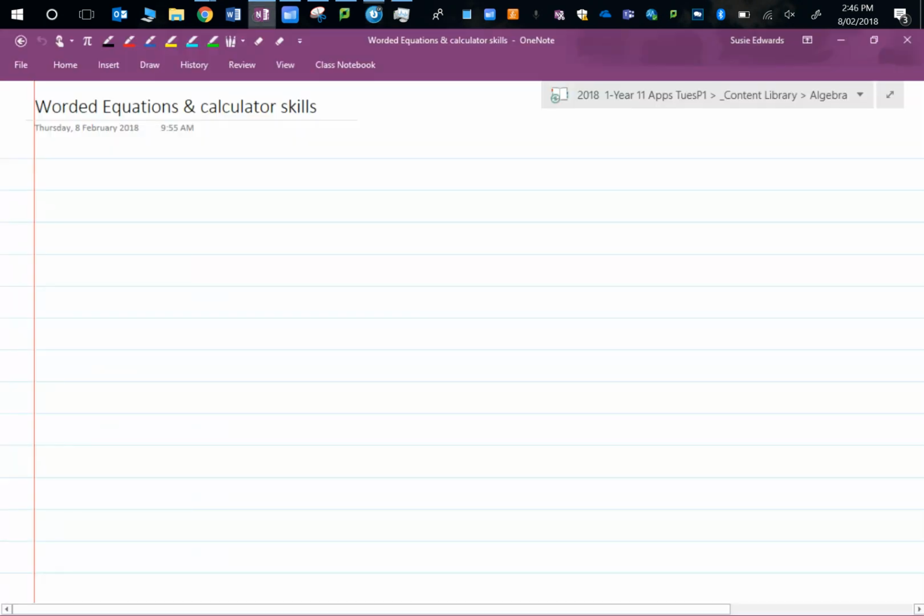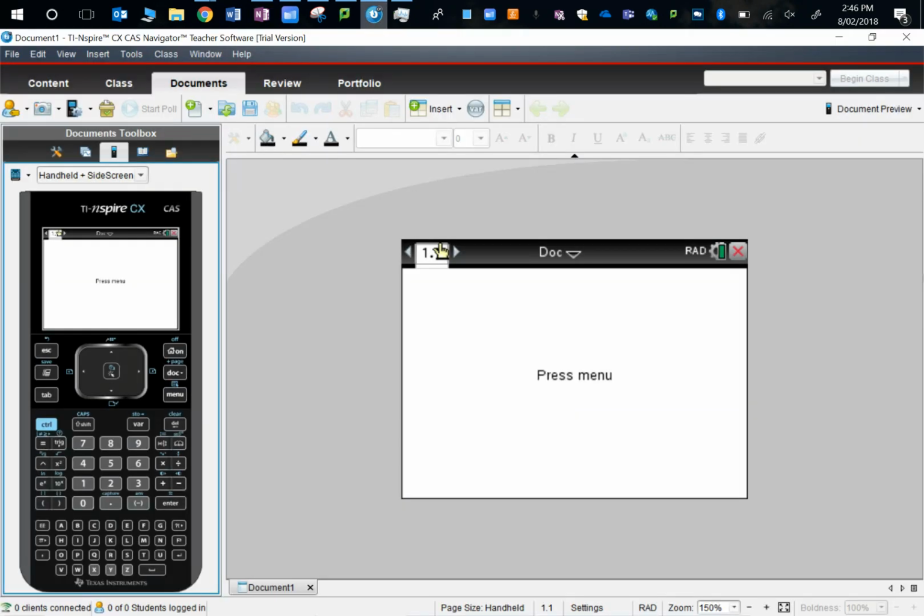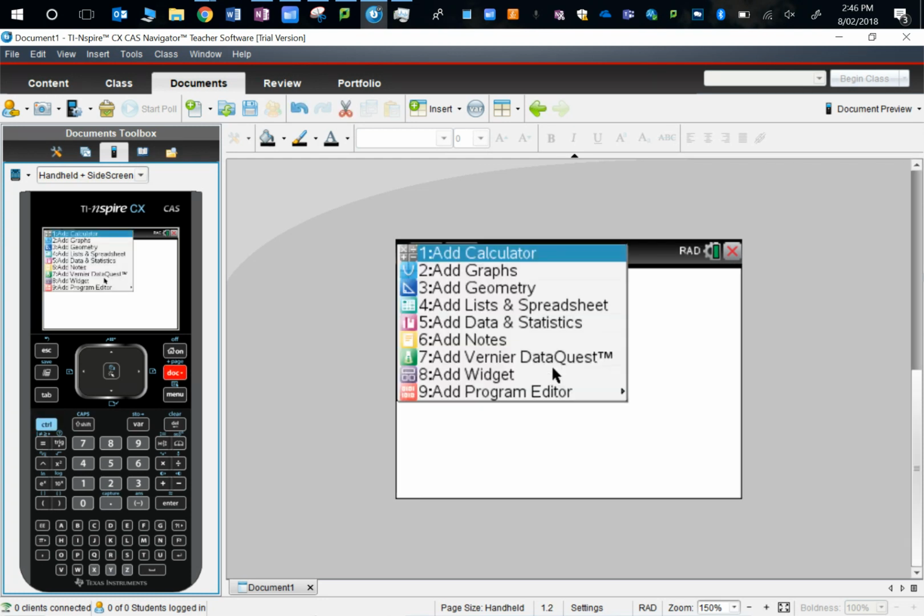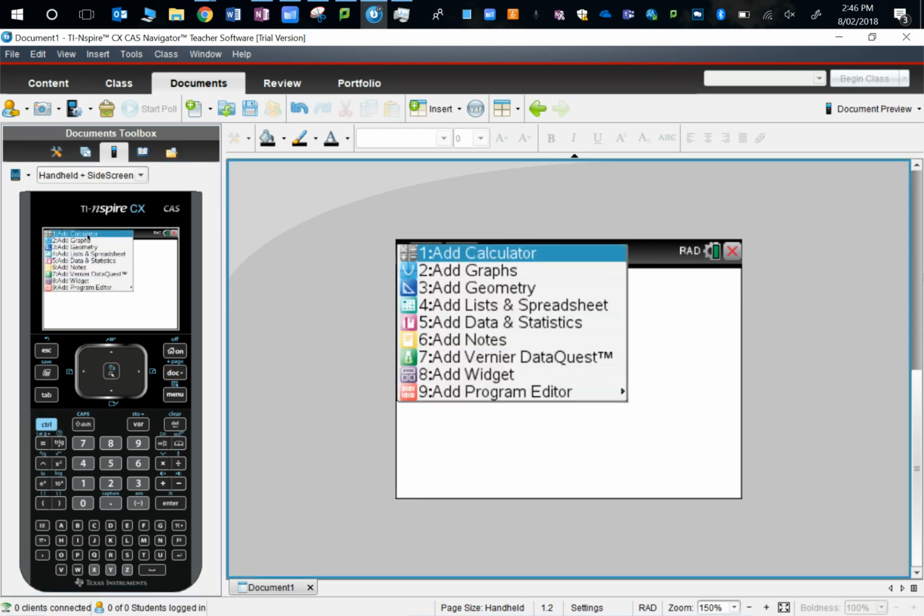So to solve is actually quite an easy process. You've got to have an equation. You need to tell your calculator to solve. You need to tell it what it needs to solve and what it's looking for. That's pretty much it. So where do we start? We need to open a document. So we need to press control, document, add a calculator.